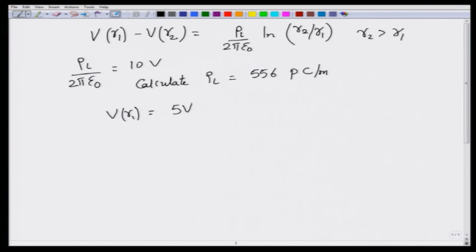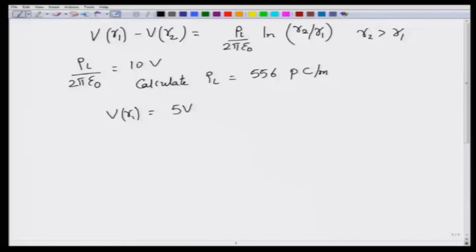So at whatever value of R2 I choose as the reference, the voltage will be 0. If I move from R2 to R1, what should be the value of R1 in relation to R2 such that the potential there will be 5 volts?